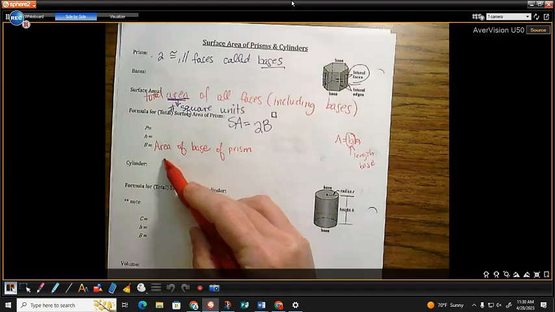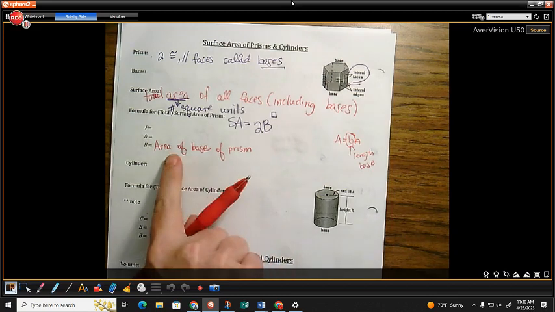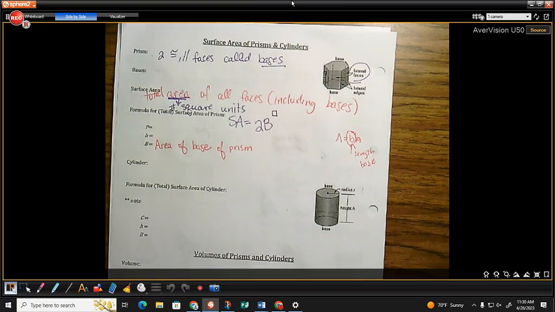Big B is area of a base. And so the same word base is being used in 2 different ways. We've got the length of an edge, or you've got an area of a surface. You're going to have to keep straight what kind of base you're talking about. It's going to get confusing really fast if you're one of those people who never labels anything on your test, hint, hint, wink, wink, nod, nod, because then you're going to mix it up. Okay? So keep them straight.